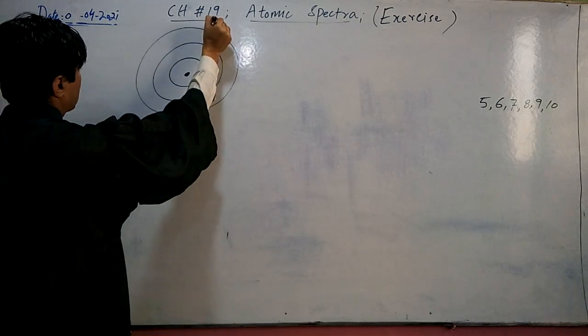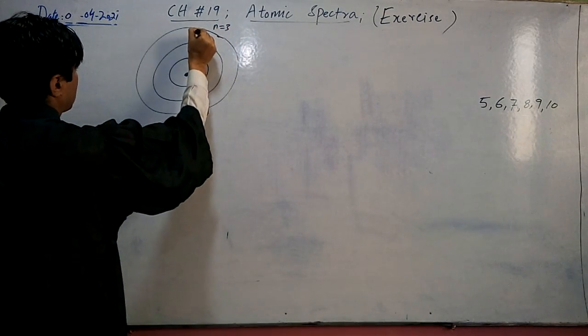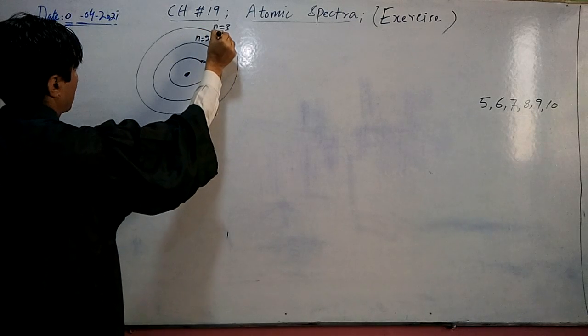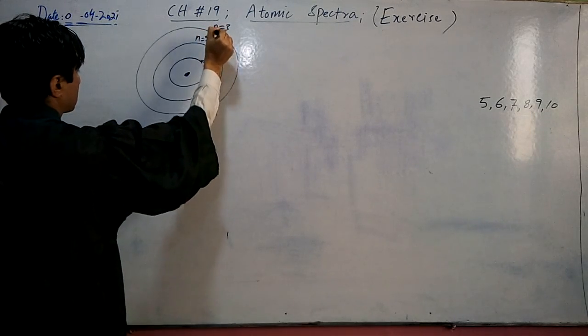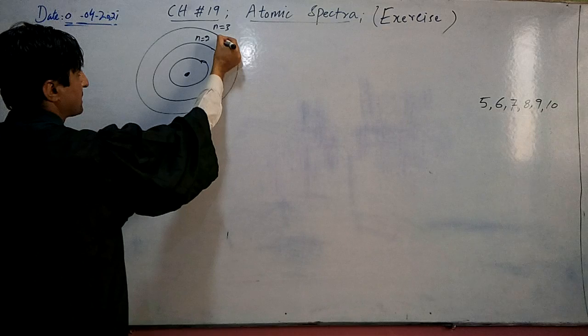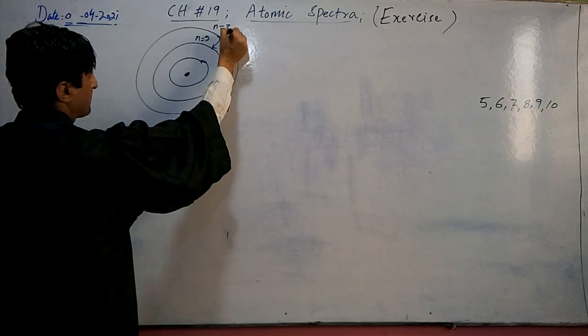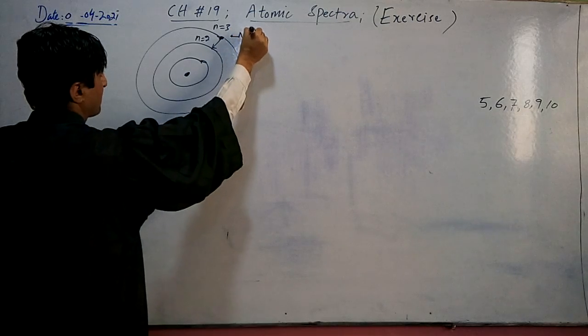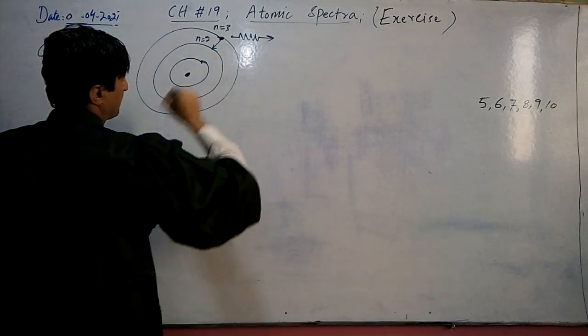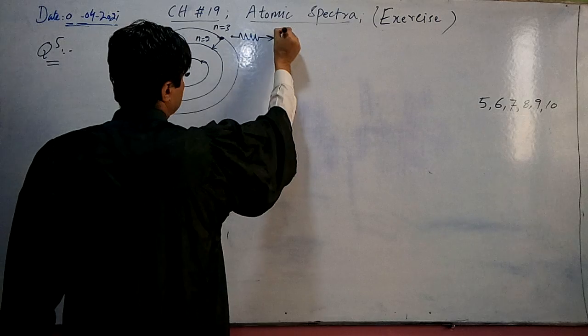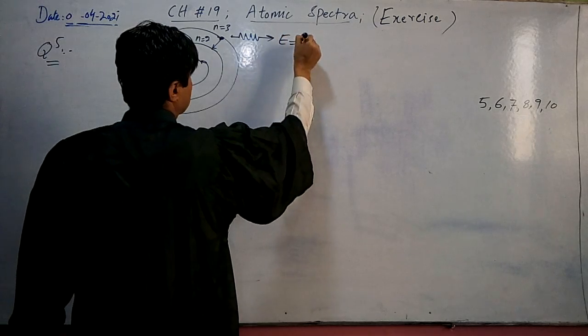When an electron jumps from the higher energy orbit n equal to 3 to n equal to 2 state, what is emitted? A photon of energy hf is emitted.